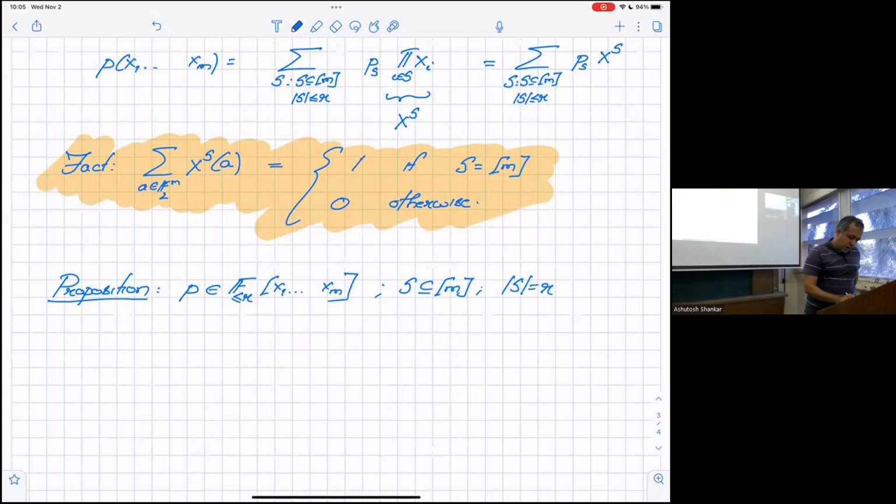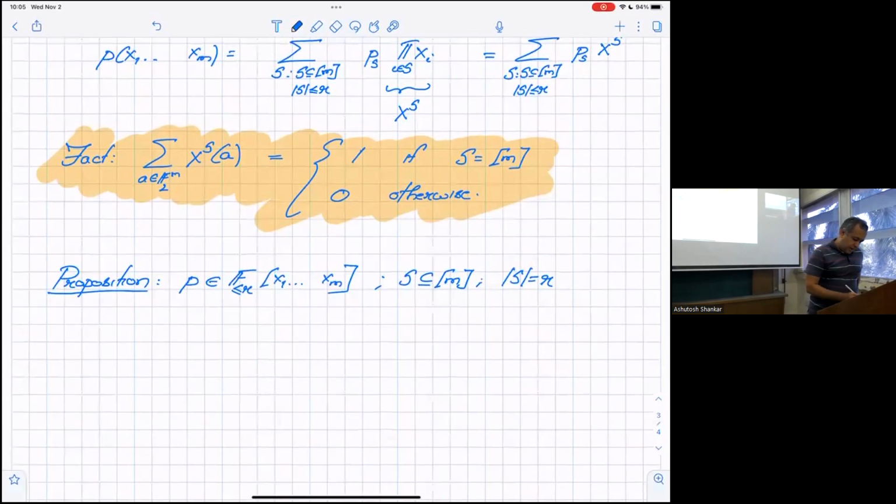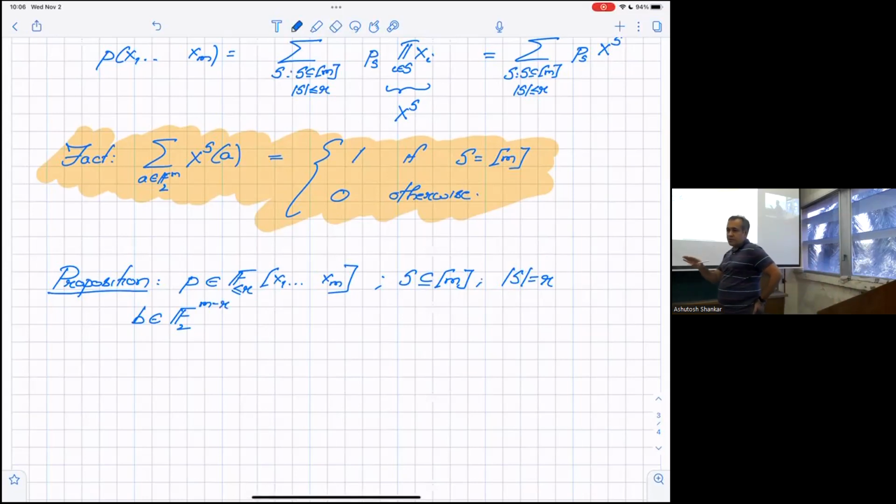Now let's look at what happens, and let B be any string of length m minus R in F2. So it's some m minus R length string.